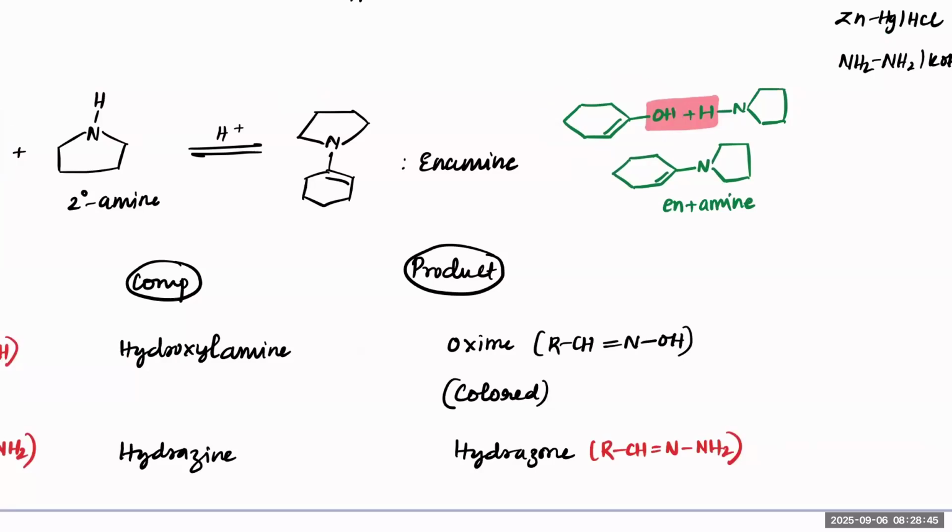From the enol form, you get OH, and there is one hydrogen from the secondary amine. So this hydrogen and this OH can be removed and then connected. Now what happened? There is an ene group and an amine group. That's why it is called enamine. Ene plus amine is enamine. So this particular functional group is called enamine.